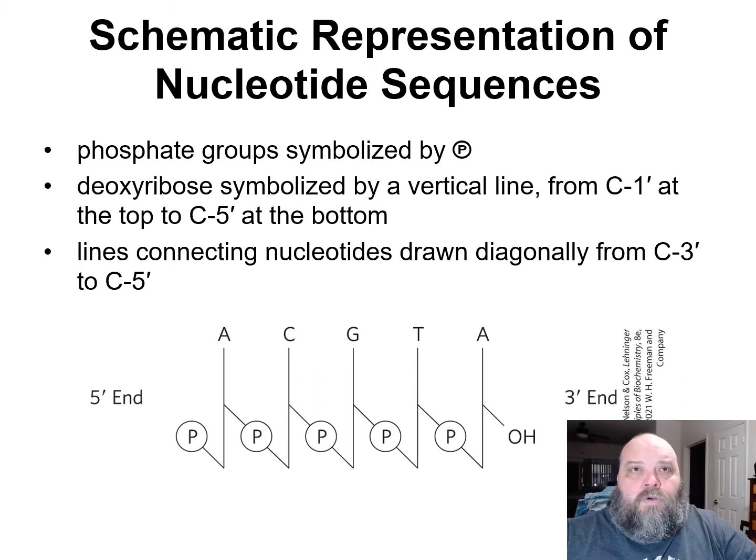You're going to see, when you're reading certain textbooks, certain chemical or biochemical journals, that they will use this as a means for displaying a nucleotide sequence. Here's the 5' end, 3' end. 5' has the phosphate, 3' has the hydroxyl. And they will go through phosphate group, 5' carbon, sugar, nitrogenous ring.